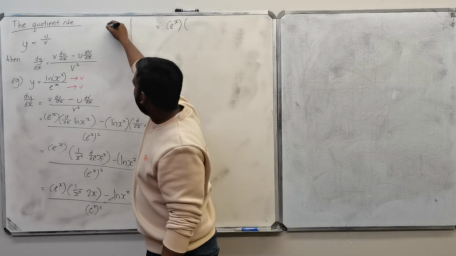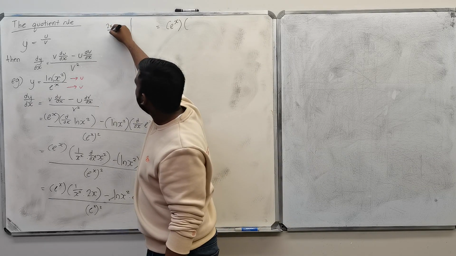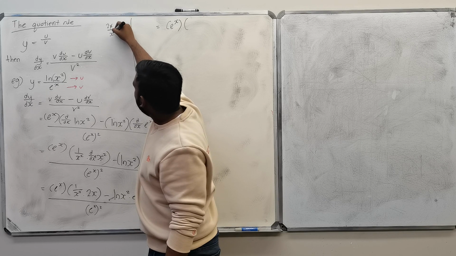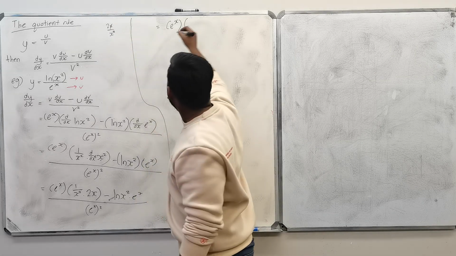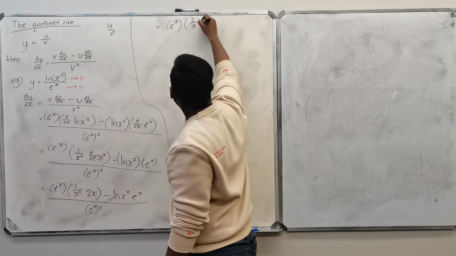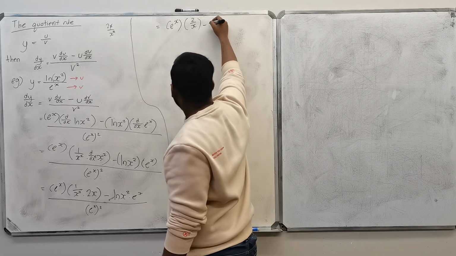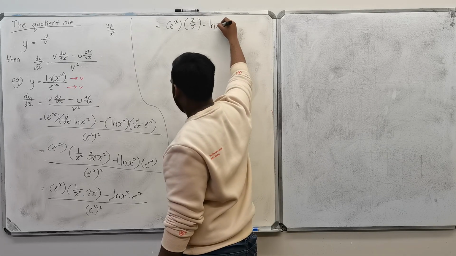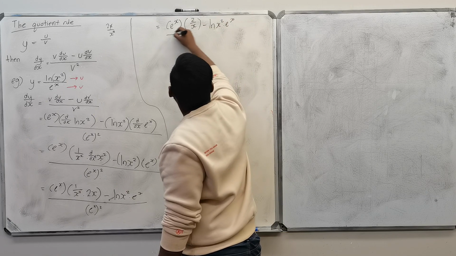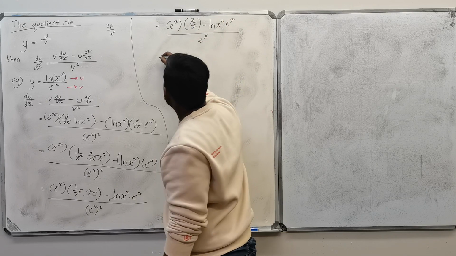Remember, the 2x over x squared cancels. So you got 2 over x minus ln of x squared times e to the x all over e to the x. What would you do?